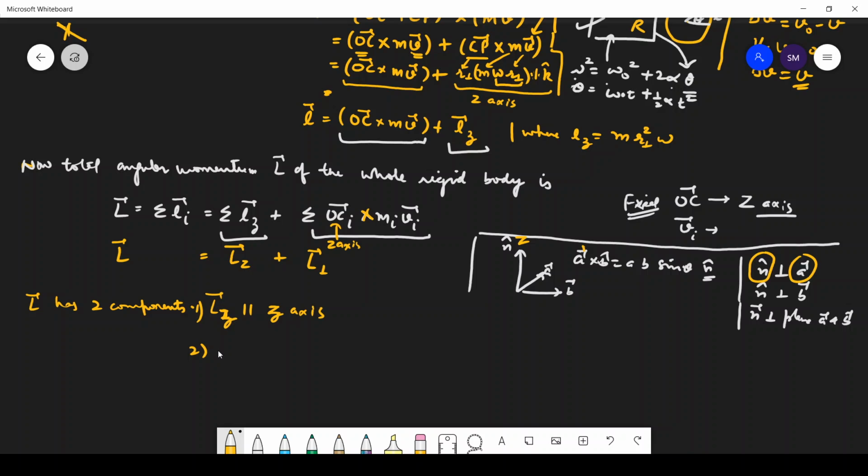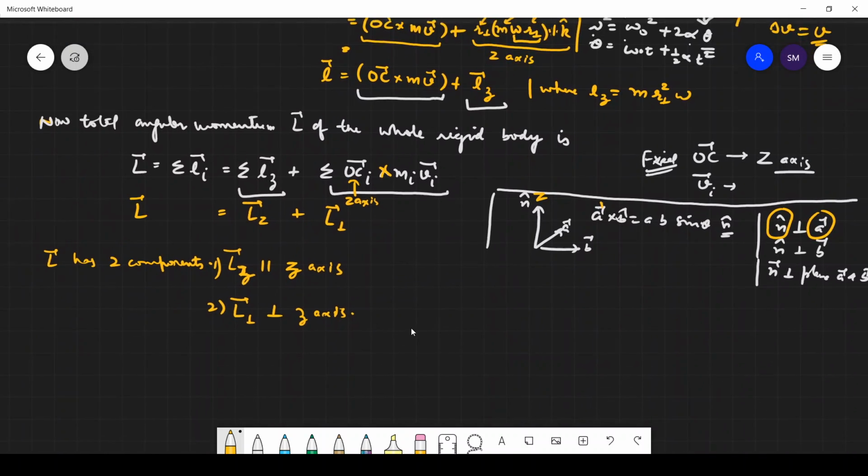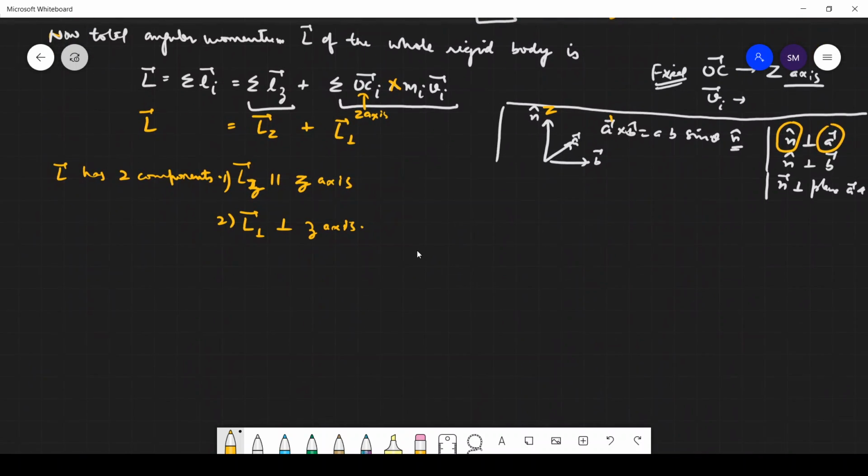And the second one is L perpendicular, that is perpendicular to the z-axis. So now let us calculate LZ. Let us find LZ.